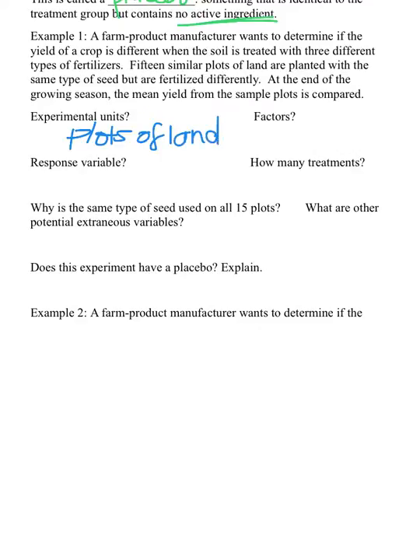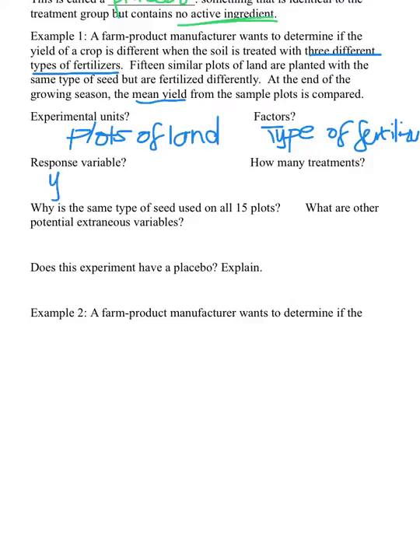All right, and factors. We only have one factor here, which is our explanatory variable, the fertilizer. So I'm going to write type of fertilizer. All right, and our response variable, what are we measuring at the end? We want to see the mean yield from the plots.